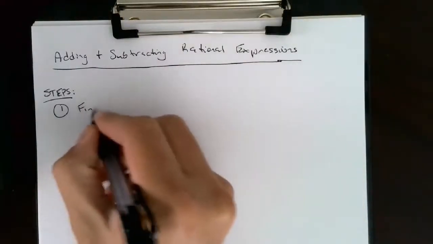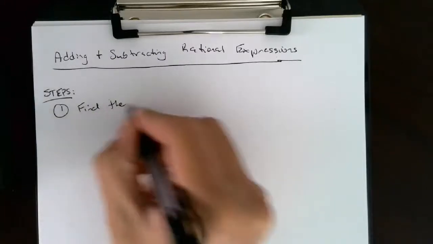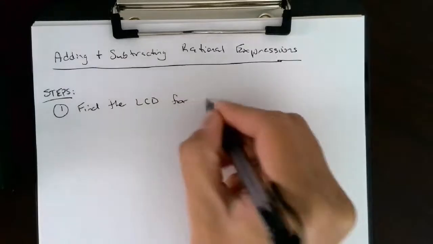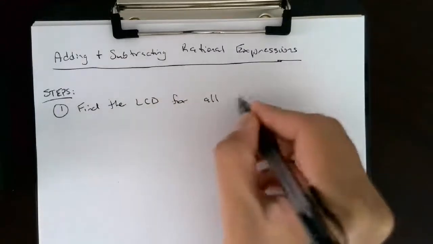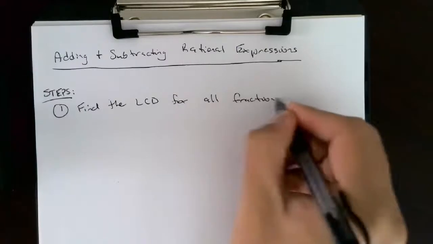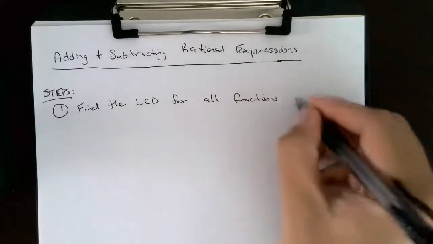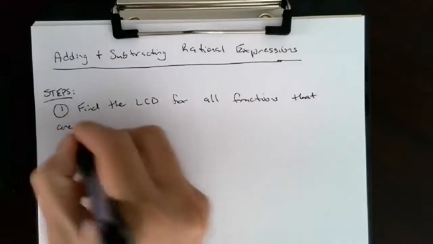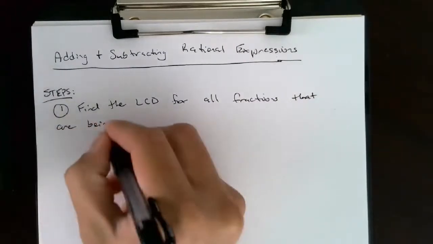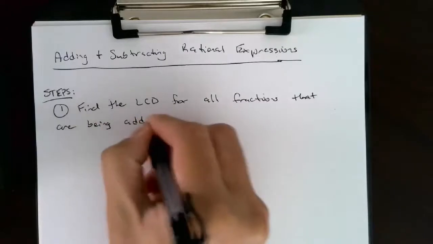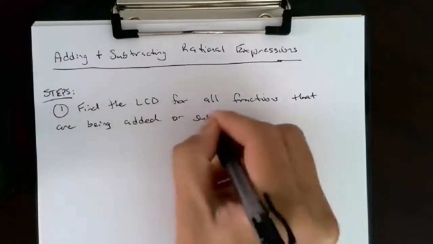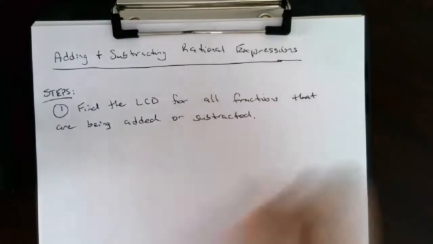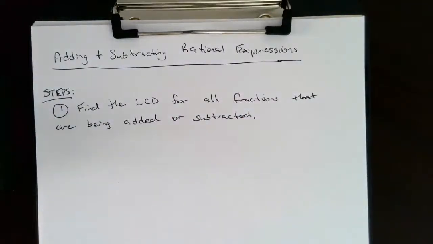So first thing you want to do is find the LCD for all fractions that are being added or subtracted. Alright, so first thing you want to do is find the LCD.